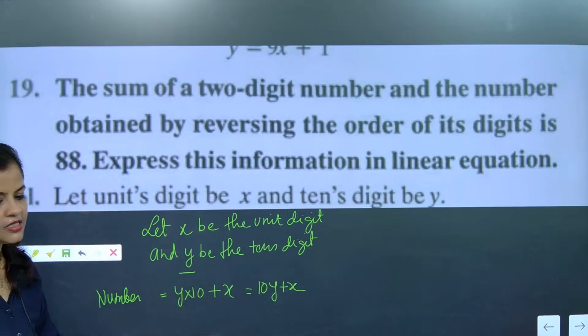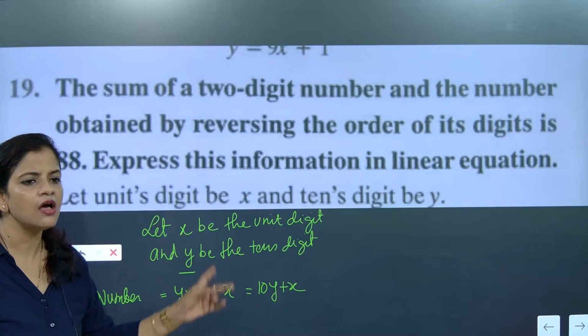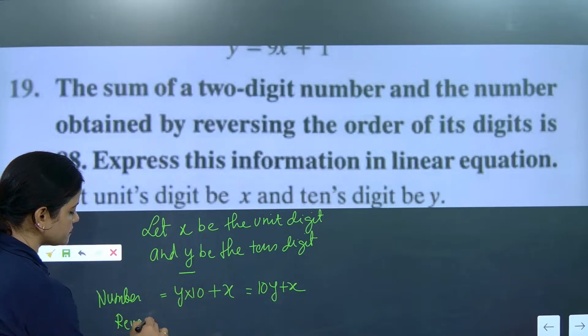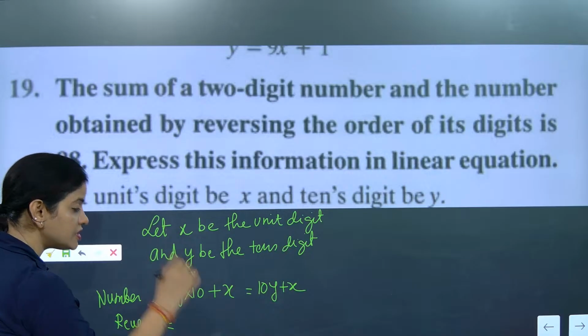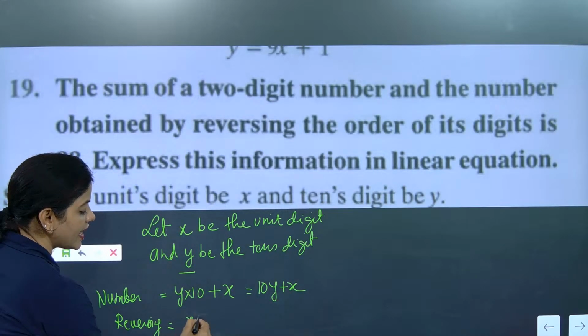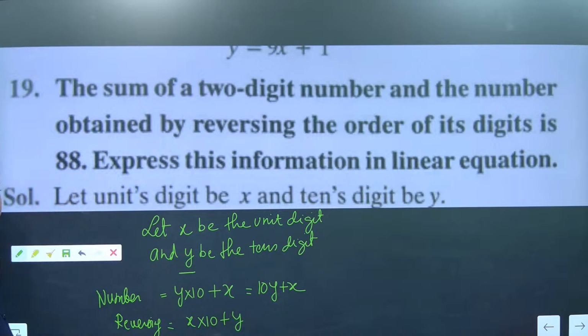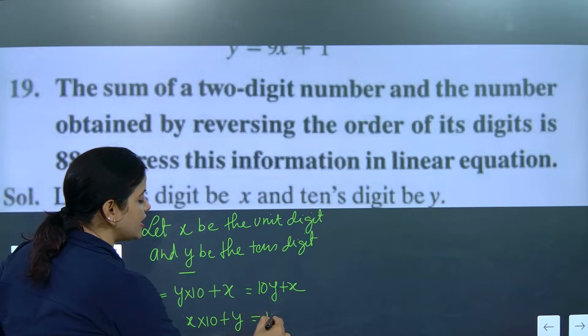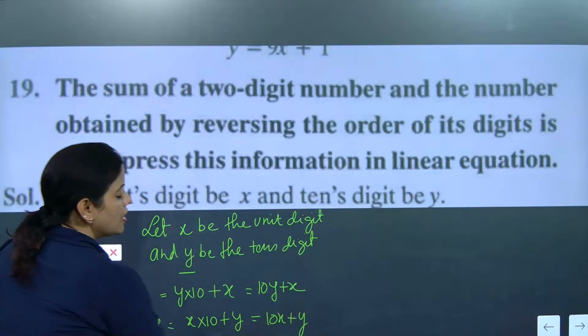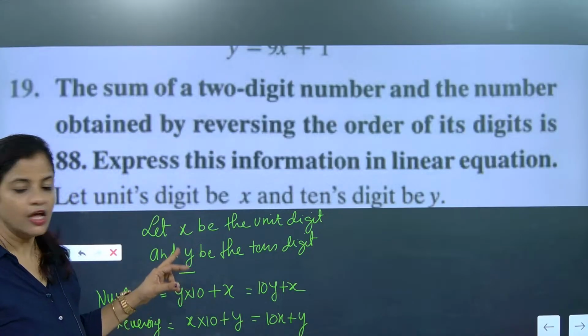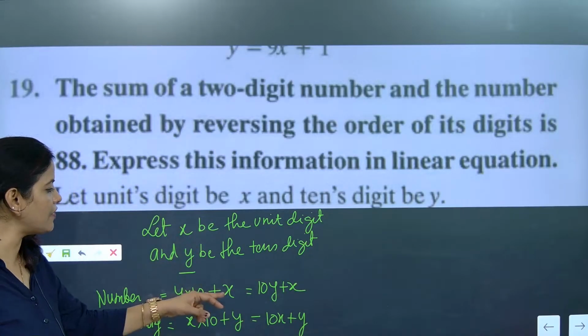Reversing the digits means x will take the tens place and y will take the unit place. So now the number becomes what, beta? 10x plus y.